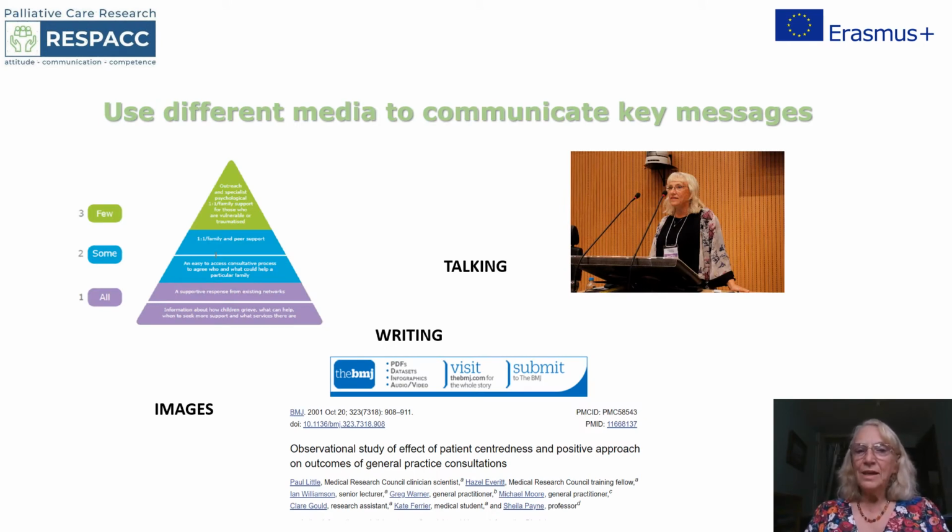In terms of media, the conventional ways to communicate is maybe images, and I've just given you some examples in this slide. For some, you might want to have a diagram like a pyramid where you highlight a few things that are really important coming out of your research.